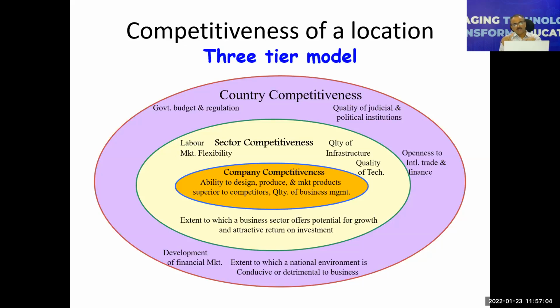Then how are the government policies or the regulatory policies as far as their openness to international trade and finance is concerned, or the other aspects that the government will try to promote for these companies who are looking for setting up their operations in other parts of the country.